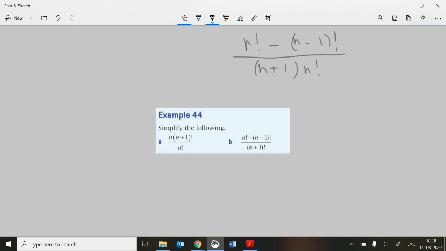Okay, so maybe let's just take it a little bit further here. Let's just say that n factorial is the same as n times n minus 1 factorial. So I kind of needed the same thing on the top. And I realized that n factorial contains this thing here, n minus 1 factorial. So it looks to me like I can cancel that now.